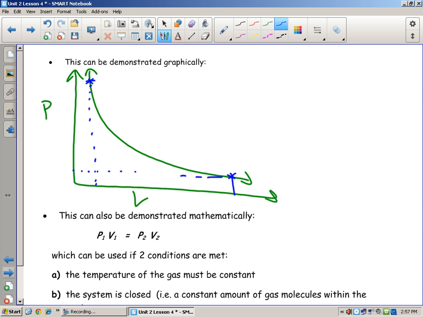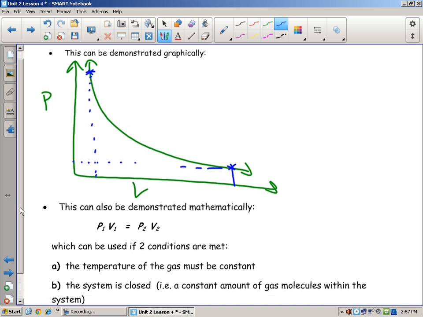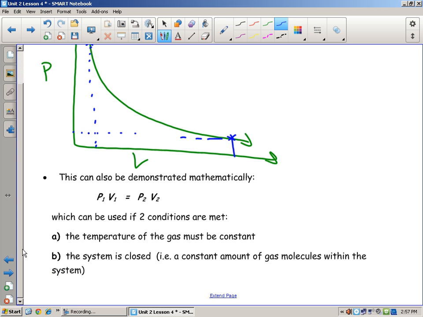And of course, for this to be true, by the way, there's a formula that relates pressure and volume right there. P1V1 equals P2V2, or the initial pressure times volume is equal to the final pressure times volume. We're not going to worry about that today. We'll do that tomorrow. Okay? There's a reason. It can be used if 2 conditions are met.